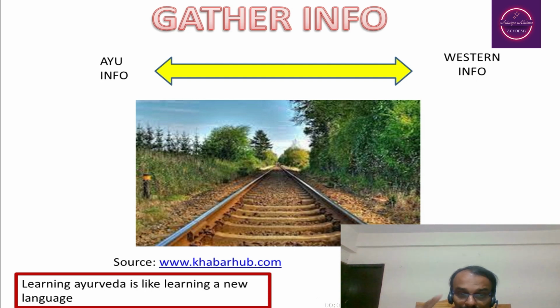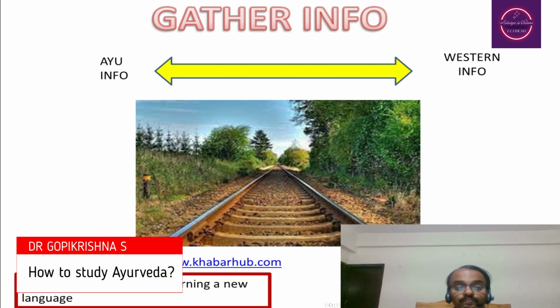It is just like looking at railway tracks. See, there are two railway tracks. One railway track may be related to Ayurveda information. On the other railway track, that is indicative of Western information. So you have to learn Ayurveda information as it is, and you have to learn Western information as it is.